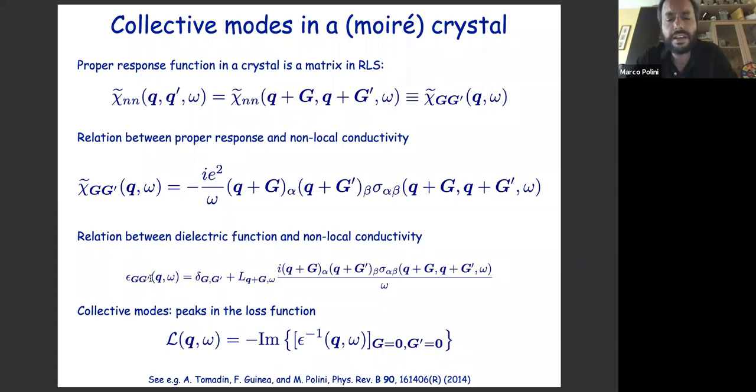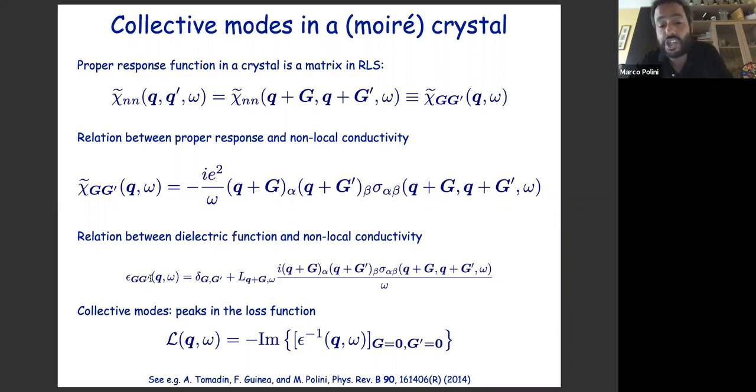Now, instead of looking at zeros of this, which is a matrix, there is a much more powerful tool to look at collective charge excitations in a crystal. And that's essentially inspired by electron energy loss spectroscopy. In fact, people usually look at the so-called energy loss function that tells you how much energy is absorbed by the electron liquid for an excitation carrying momentum q and frequency omega.